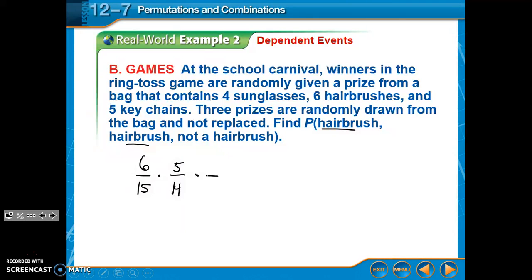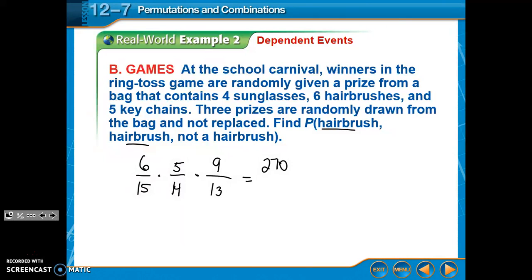Okay, and now I have 13 items left, and I want to know the probability of not picking a hairbrush. So that would be sunglasses or keychains, which would be a total of 9. So this is going to be the probability of picking a hairbrush and then a hairbrush and then a non-hairbrush. So I do 5 times 6 times 9, and I get 270.